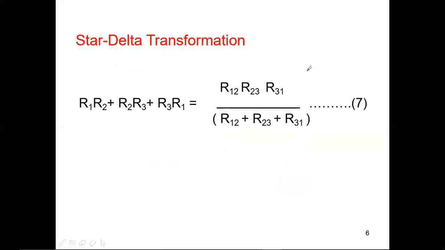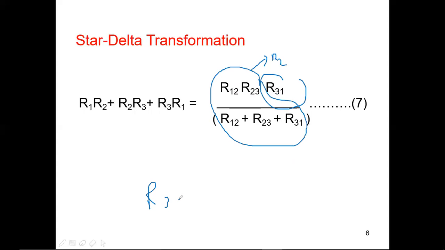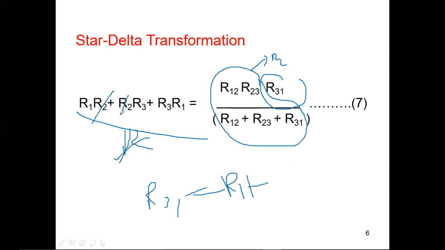For assuming R2, which parameter are you going to consider? R2 is nothing but R12 R23, right? Instead of writing this, I can write R2. Then I can get the value of R31. R31 is equal to R1 R2 by R2. R2 and R2 get cancelled, then I can get R1, then R3 plus R3 R1 by R2.